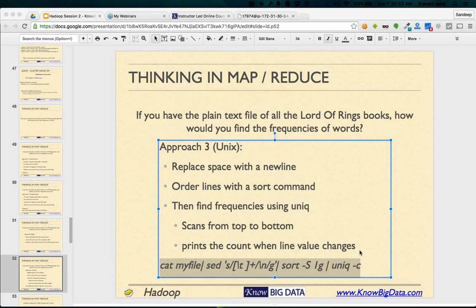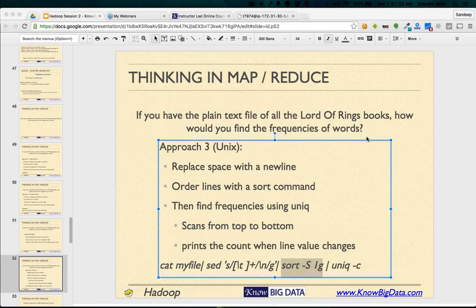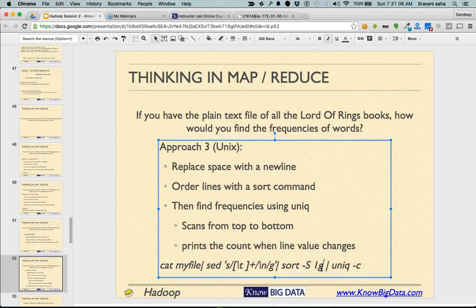Sort minus S 1G, I'm trying to answer Shashi. And Rohit, I have not told the problem with SQL yet. No worries, it's not that you did not hear.